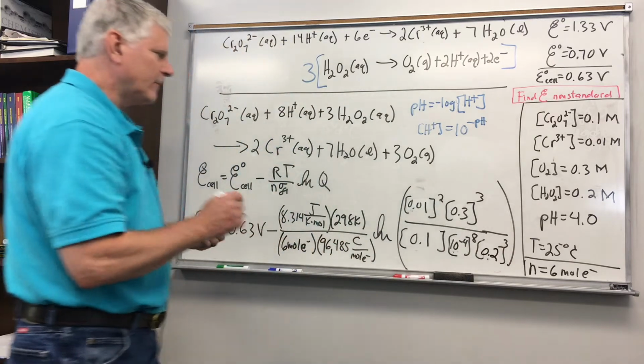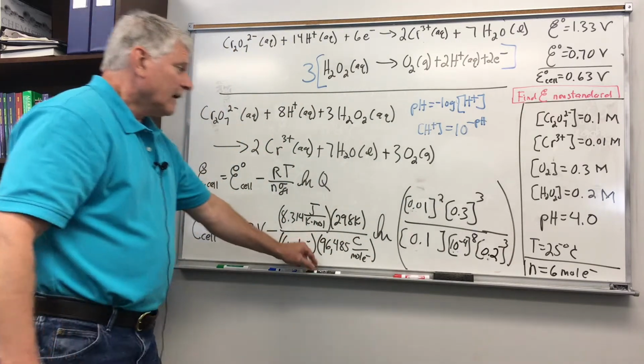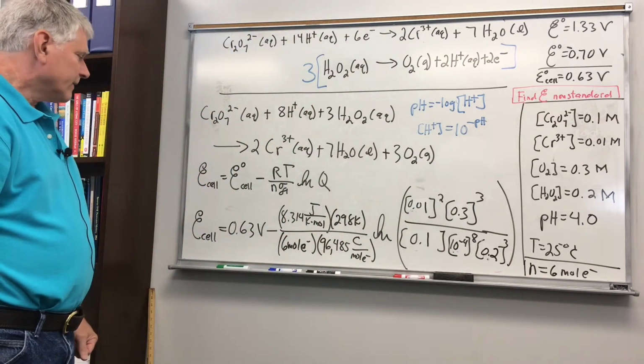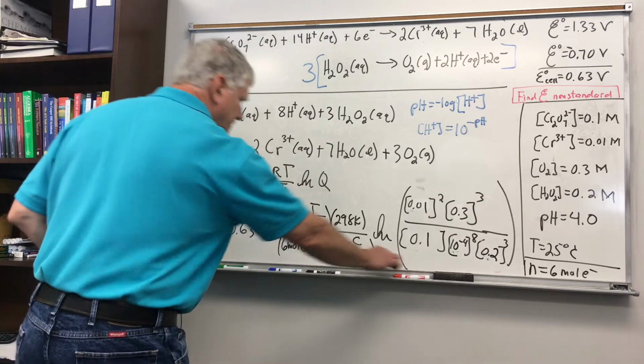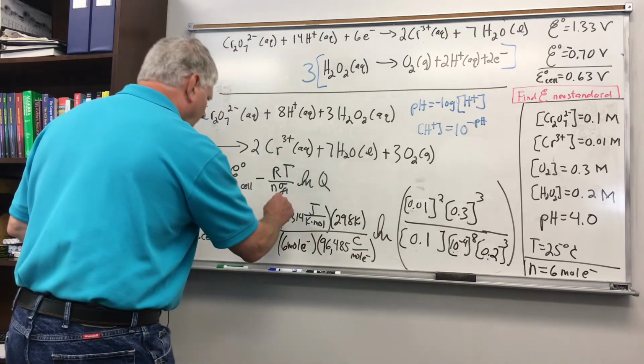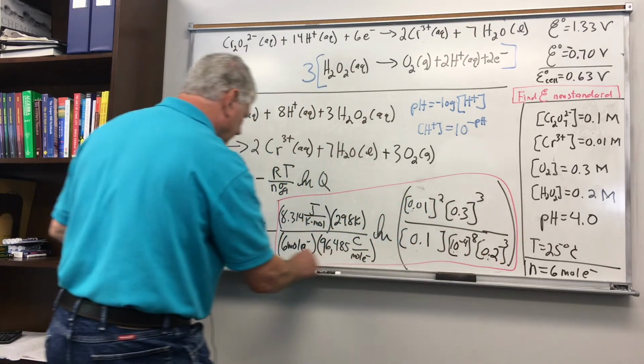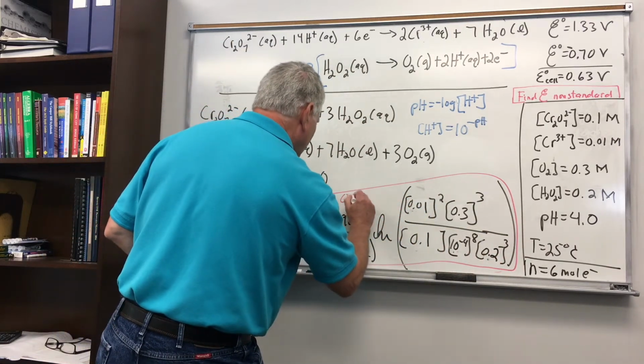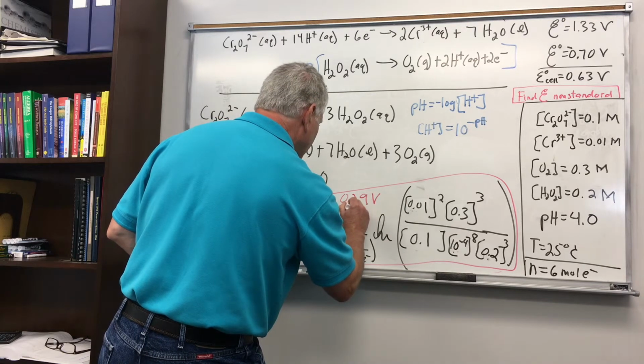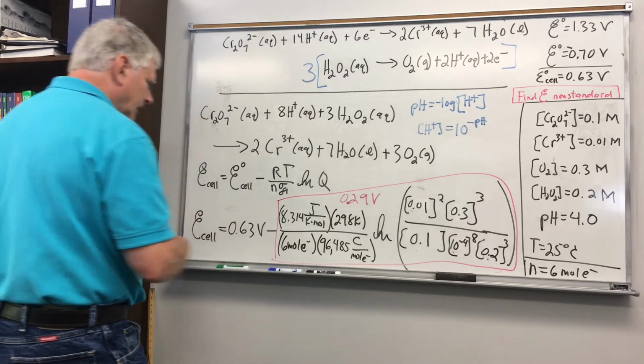Okay, so now I have my reaction quotient. I'm ready to plug numbers into my calculator. All of this, when I plug it into my calculator, gives me 0.29 volts.